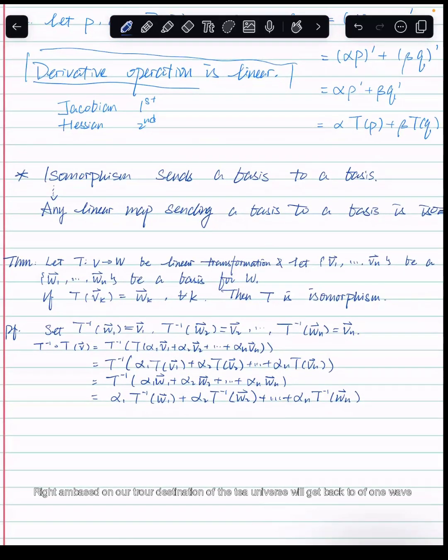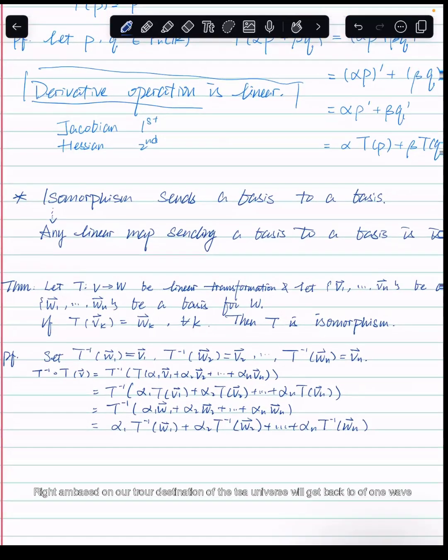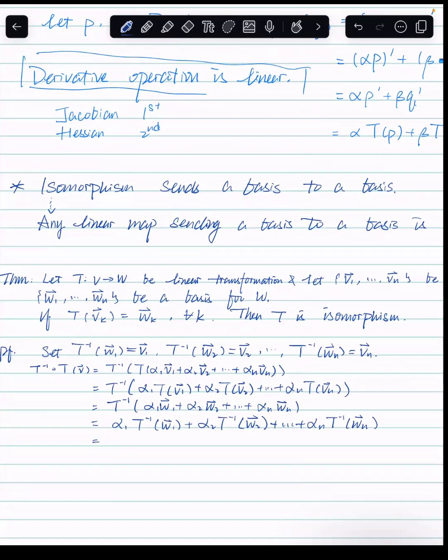Based on our definition of T inverse, we get back alpha 1 V1 plus all the way to alpha n Vn. And this is just V.